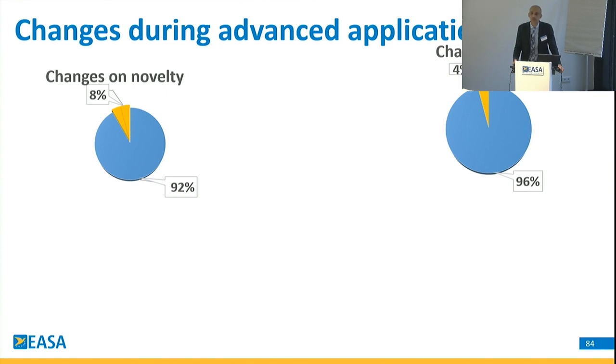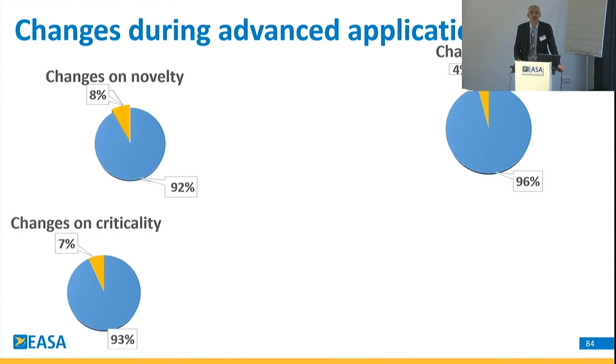Regarding complexity, in 96% of the cases the classification was accepted by us. Only in 4% of the cases we asked the applicant to change it. Then the criticality. 93% of the times we accepted the classification for criticality proposed by the applicant, and in 7% of the cases we asked the applicant to change it.